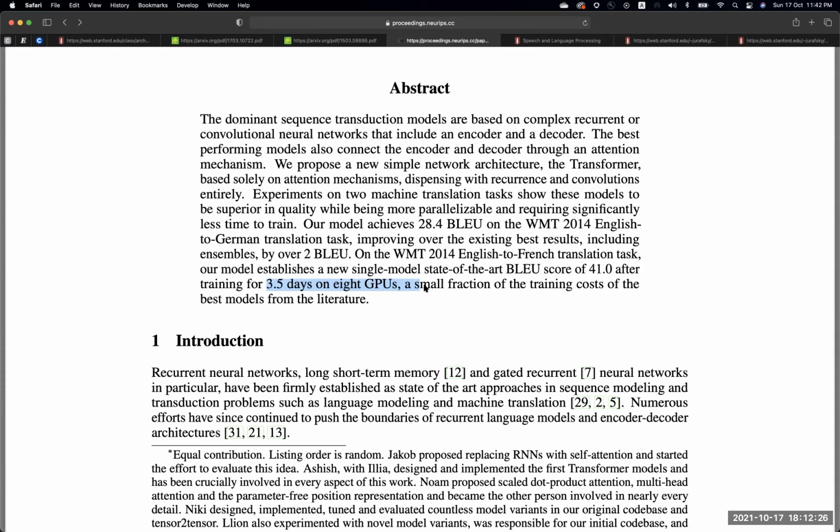So you can use this architecture for any other task apart from language also. Nobody stops you. If you can map it to the right components, you can do it.